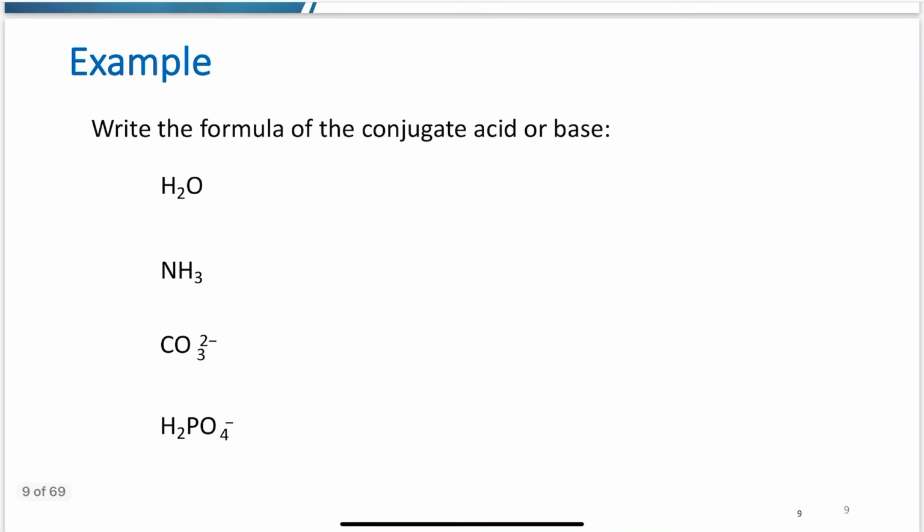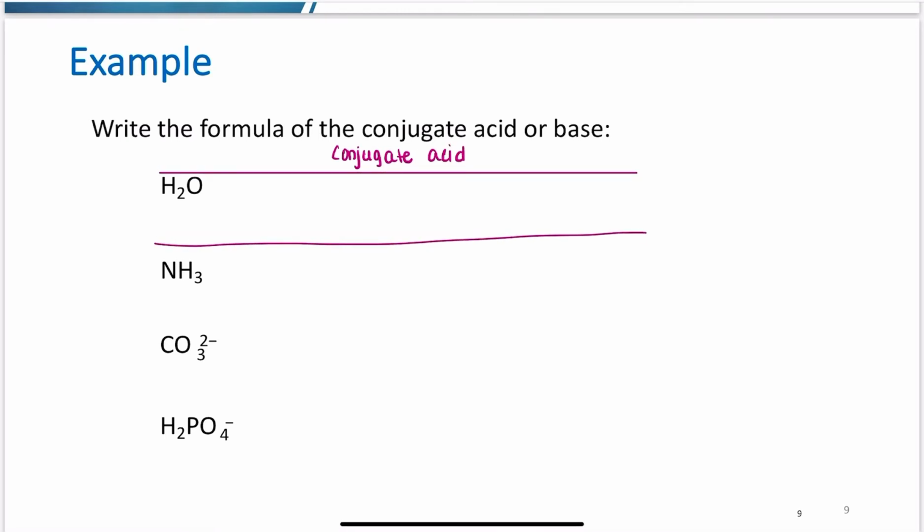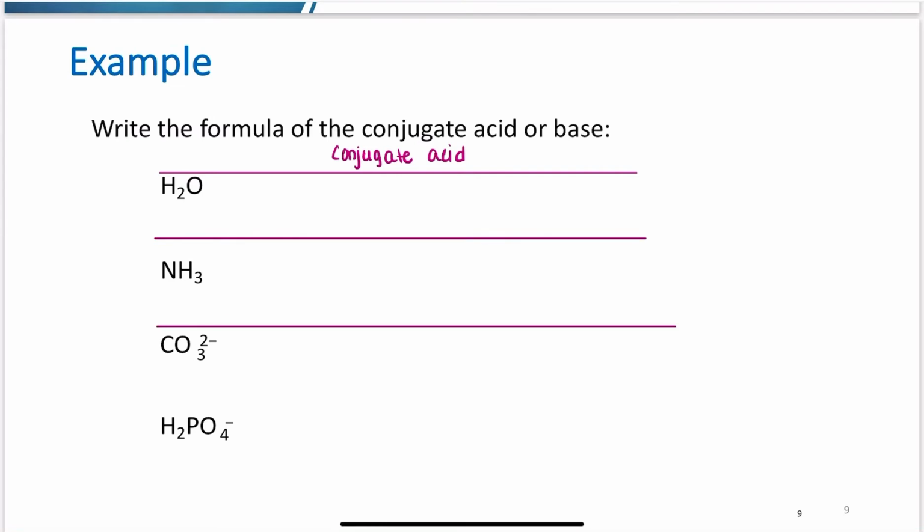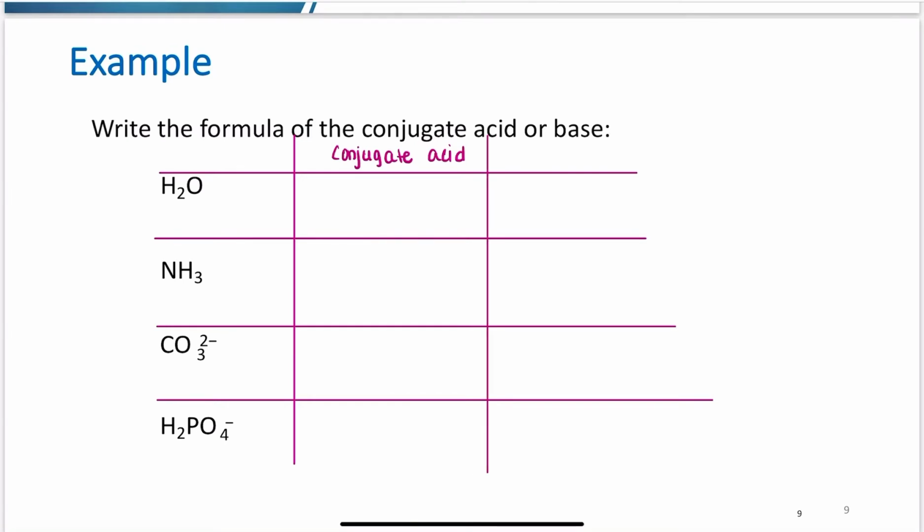So let's write the formula of the conjugate acid or base for each species. Water is amphoteric.